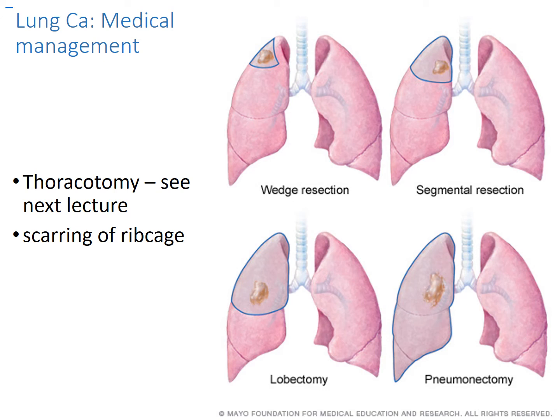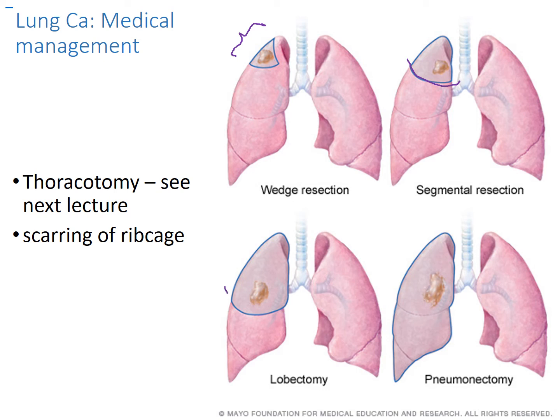So what do the doctors do for lung cancer? Well, whenever they can, they try to cut it out. So you might see a wedge resection, which is taking out a little piece of the lung, as you can see here. You might see a segmental resection, where they're taking an entire bronchopulmonary segment.